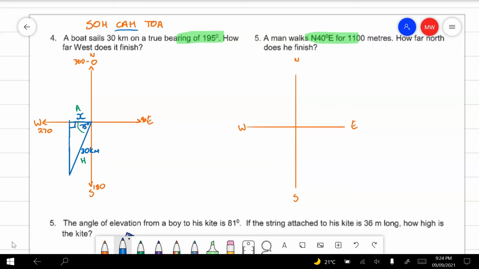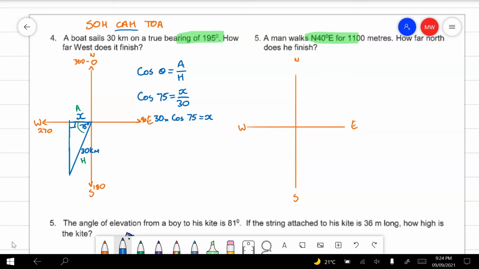And so to answer this, we say cos theta equals the adjacent over the hypotenuse. So cos 75 is going to be x over 30. Now if we rearrange this equation, we'll find that 30 times cos 75 will be x.